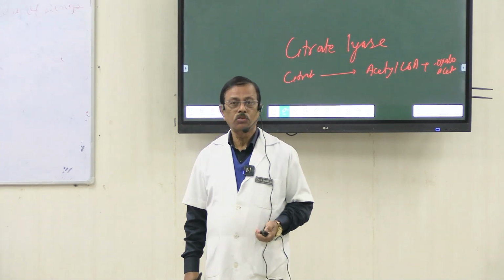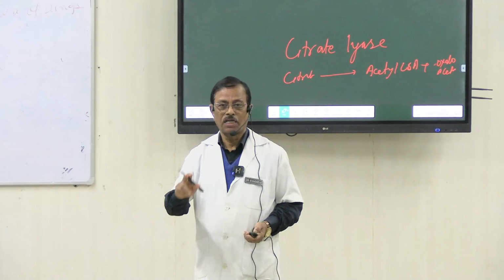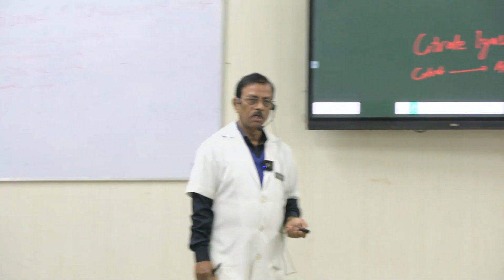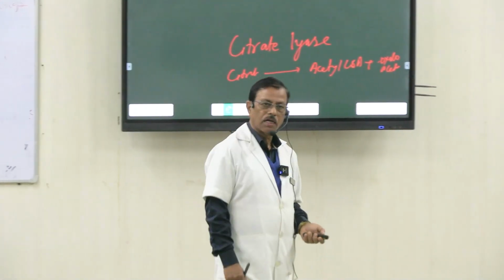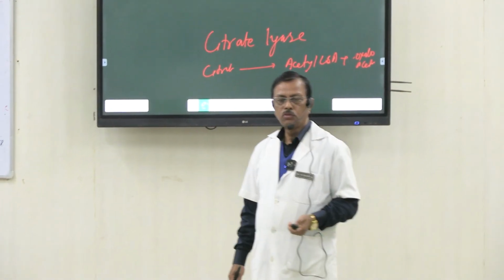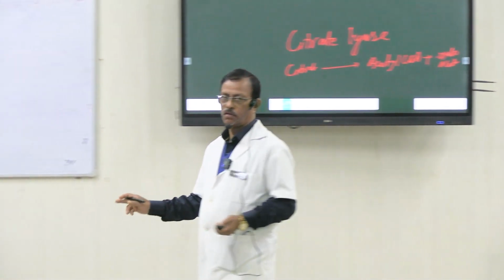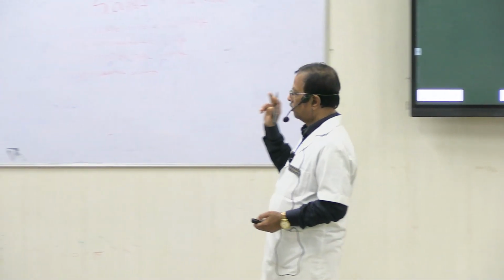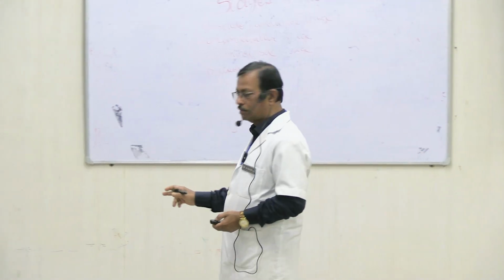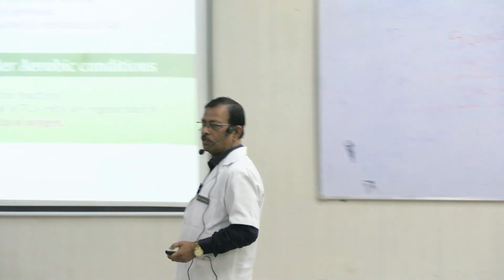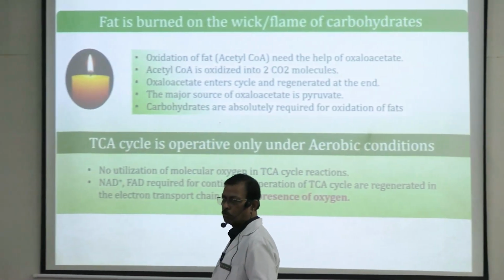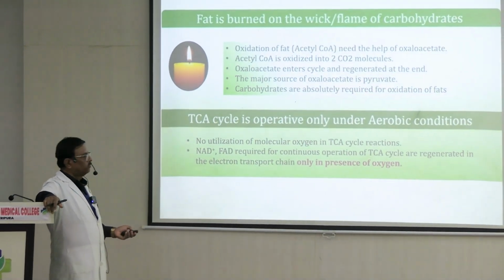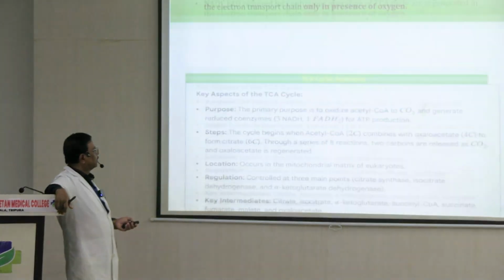The electron transport chain essentially requires oxygen. Without oxygen, the electron transport chain cannot occur. The ultimate acceptor of reducing equivalents is oxygen. That's why no electron transport chain, no TCA cycle. So it can occur only in aerobic conditions.